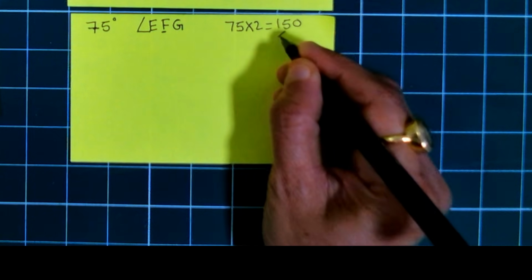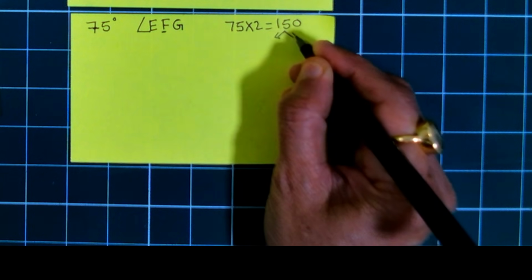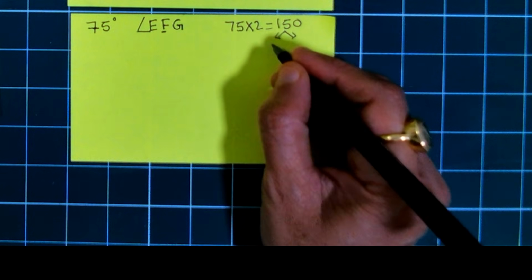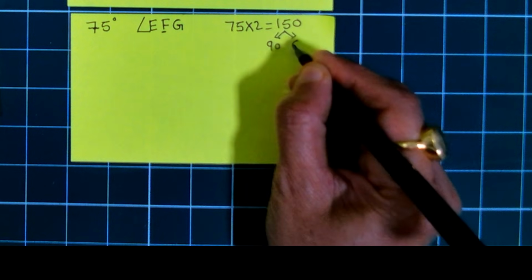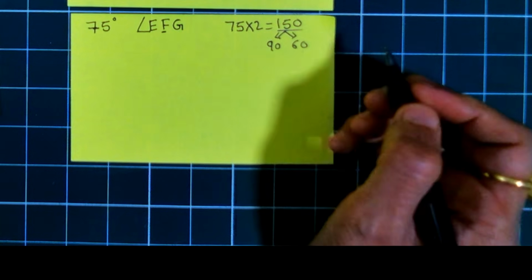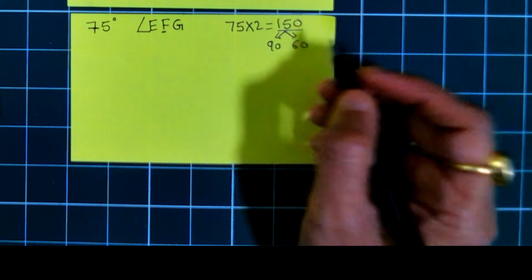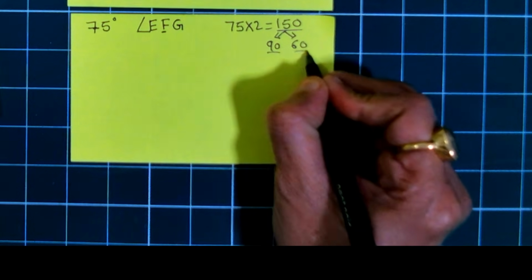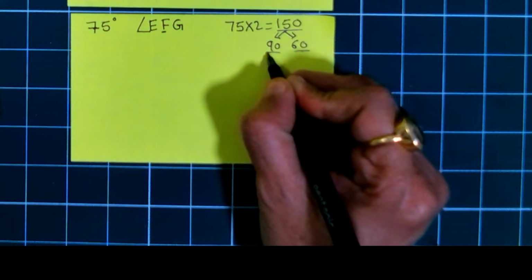So 150 can be divided as 90 and 60. 90 plus 60 is 150. Correct, students? You know how to draw 60, you know how to draw 90.